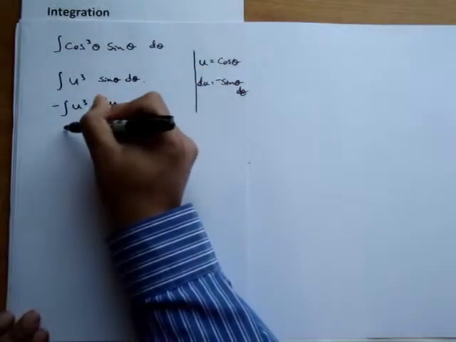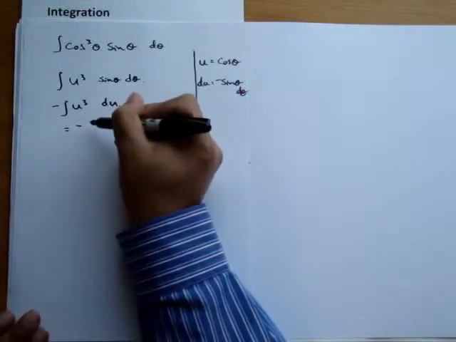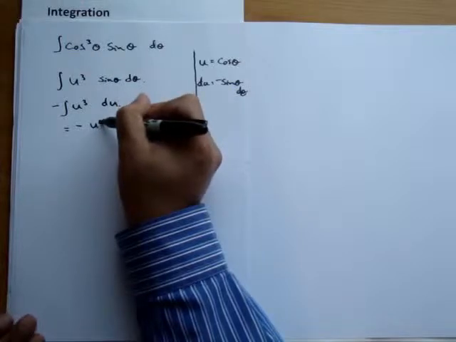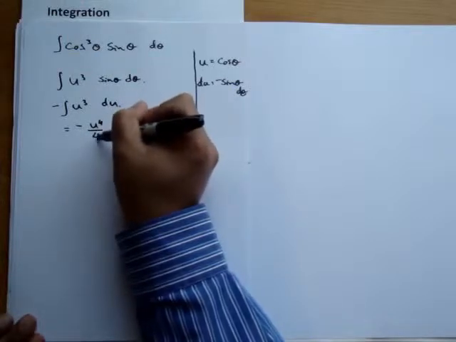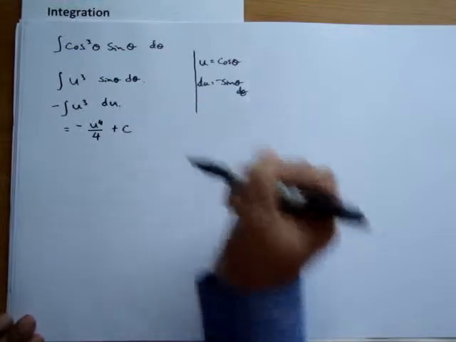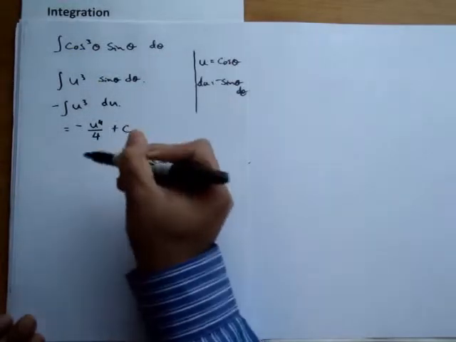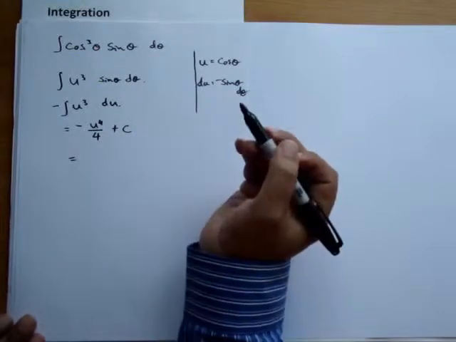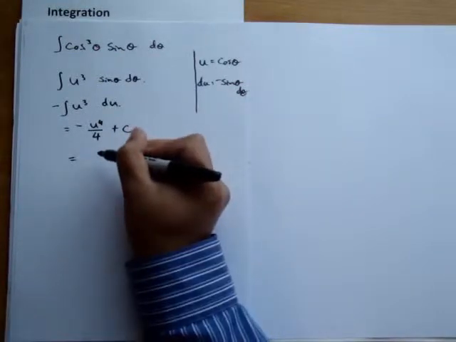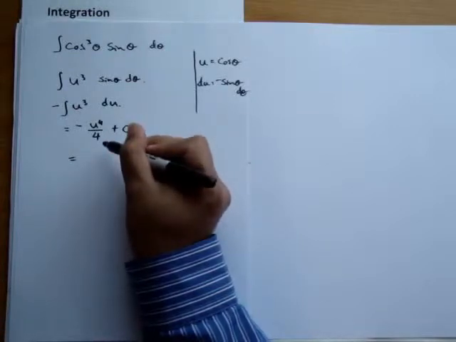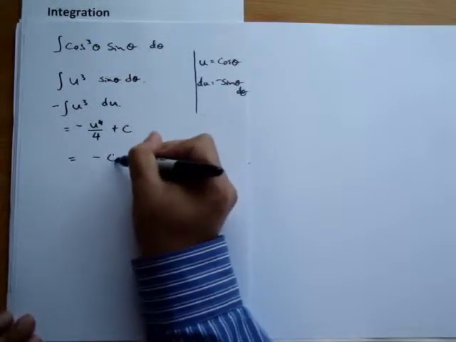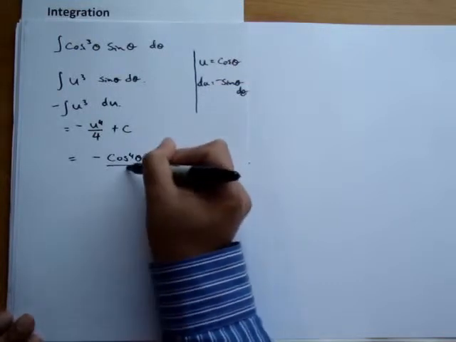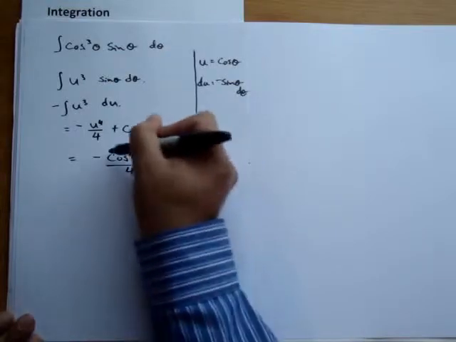Then when we use our rules of integration, this becomes minus u to the 4 over 4 plus c. Replacing the u's with our theta values, we get minus cos to the 4 theta over 4 plus c.